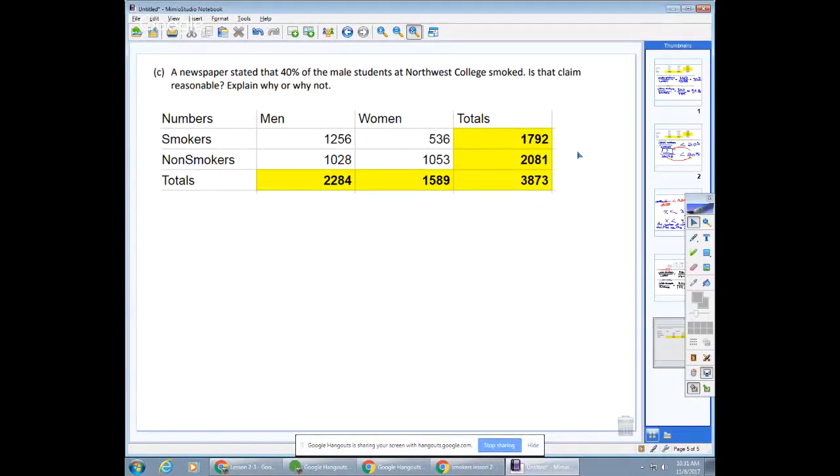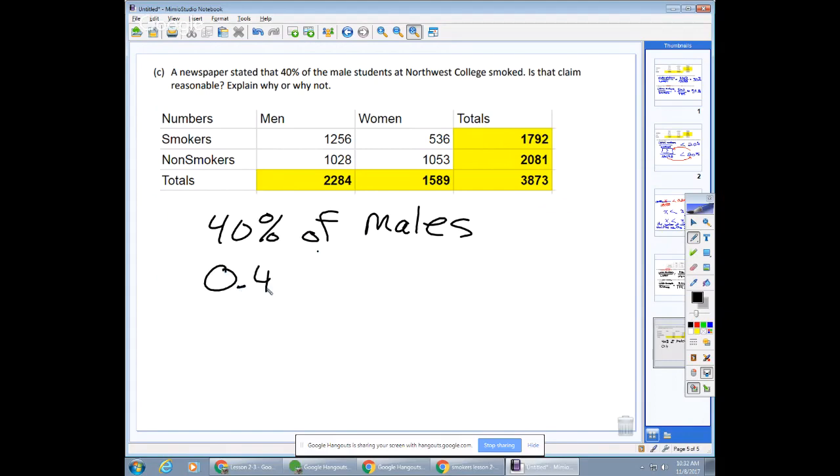So breaking down their statement, they're saying newspaper claimed that 40% of male students, right? So in math, percent generally means multiply. We multiply that percent. So if we take 40%, that would be 0.4 times the total number of males, 2,284.